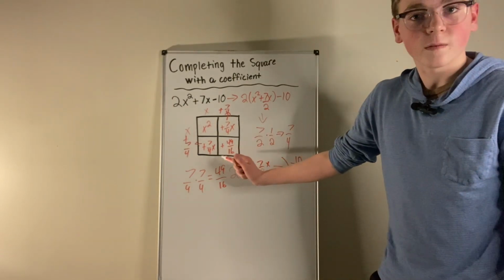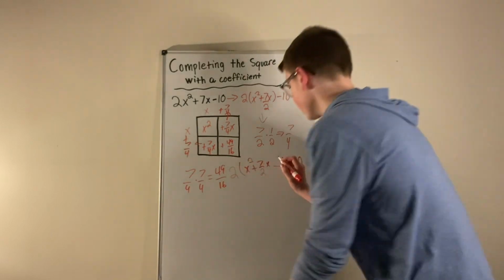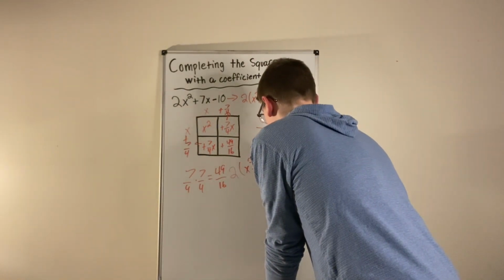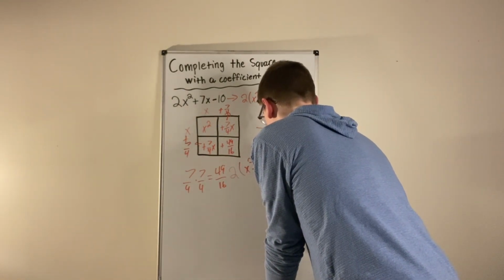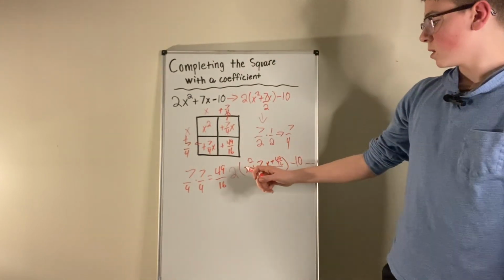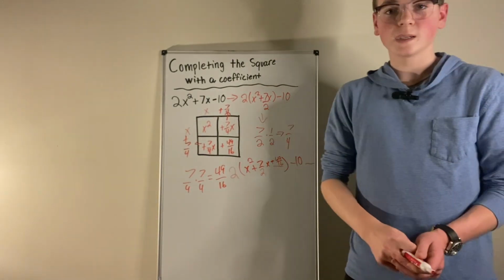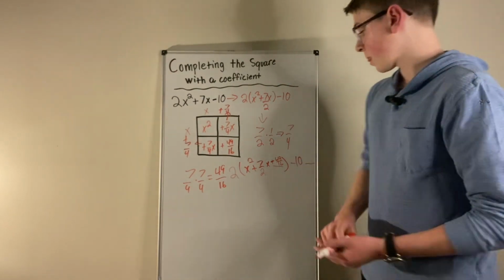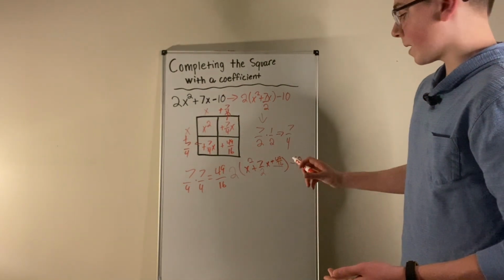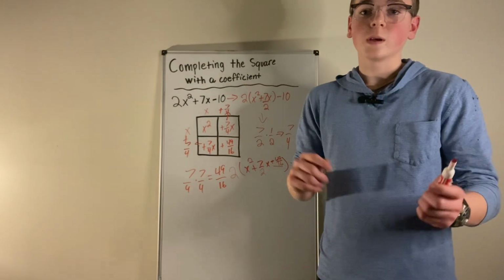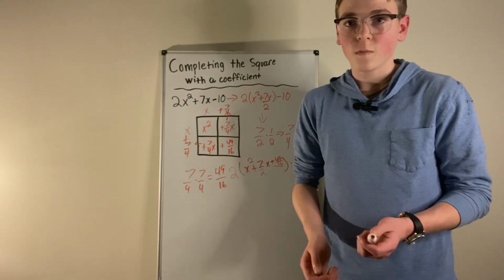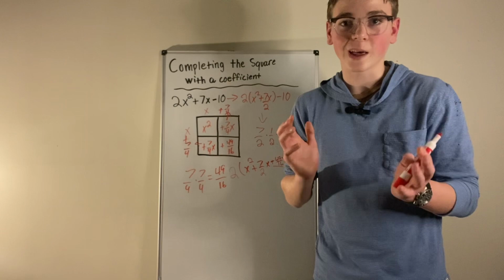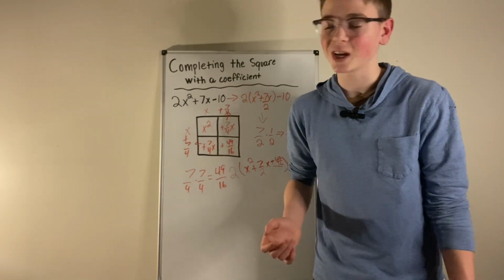Well, we added a 49 over 16 here. So we're going to add 49 over 16 to this 2 times x squared plus 7/2 x plus 49 over 16. So if we add 49 over 16, we also have to subtract 49 over 16 to make it look like we're adding 0, so the equation doesn't change at all.